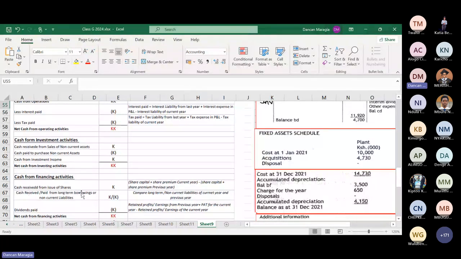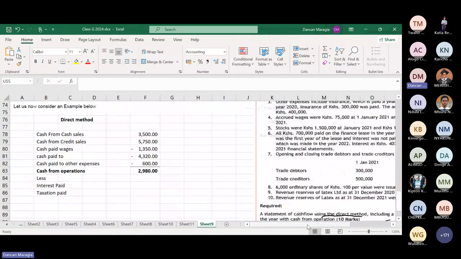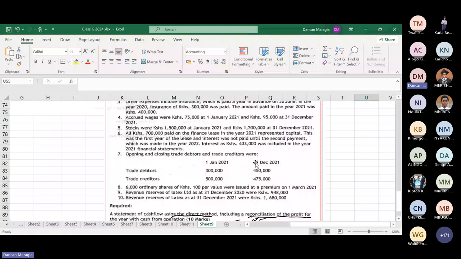So the question is trying to tell you, don't take that amount to the interest paid. However, later you are going to see, sometimes you may be given the interest in the statement of profit or loss, but this was not paid. It was just an interest recognized due to the accruals concept.